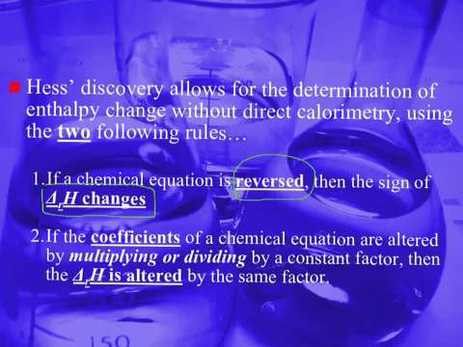So if it was a positive enthalpy change, it now becomes a negative enthalpy change. And if it was a negative enthalpy change at first, if you reverse the reaction, the enthalpy of reaction would now be positive. Also, if you multiply all the coefficients of the chemical equation by a constant factor, then you also need to multiply the enthalpy of reaction by that same factor.